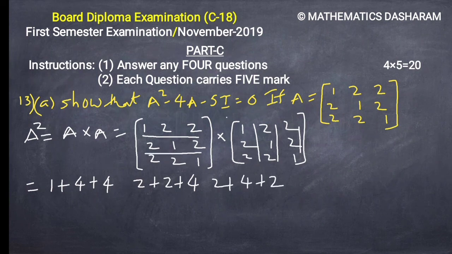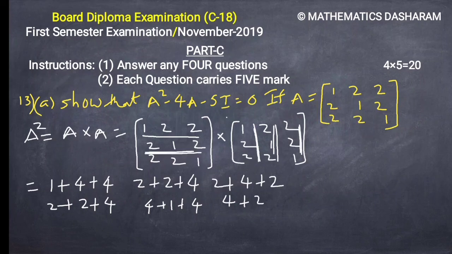Next, second row with the first column: 2 into 1 is 2, 1 into 2 is 2, 2 twos are 4. Second row with the second column: 2 into 2 is 4, 1 into 1 is 1, 2 twos are 4.